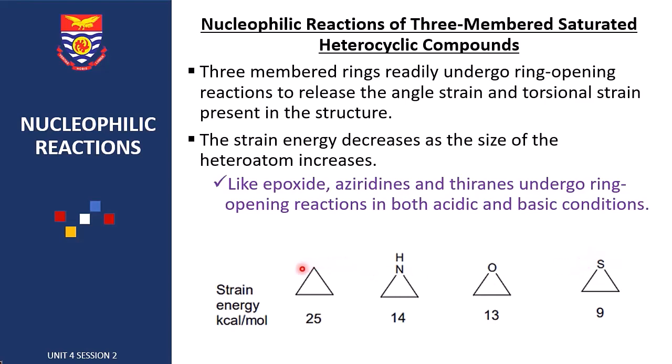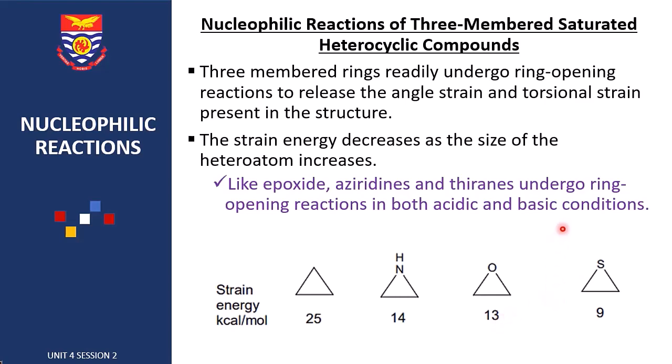When there's only carbon and hydrogen, you can see that the energy strain is 25 kilocalories per mole, whilst as you increase the size of the heteroatom, you can see that in thiirane, the energy strain is far less compared to nitrogen in aziridine, and then of course oxygen in ethylene oxide.